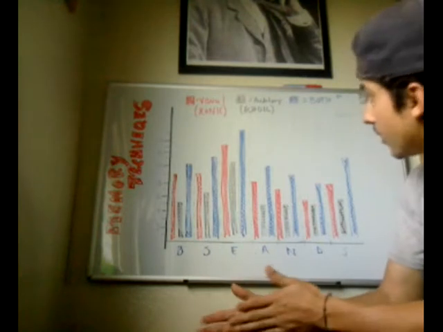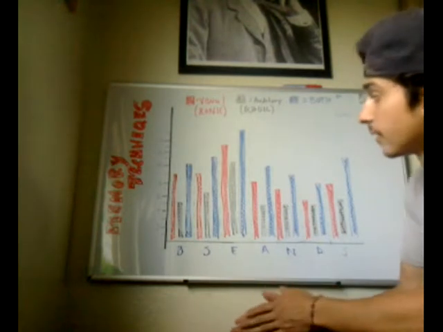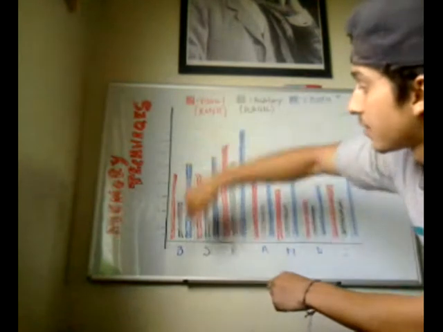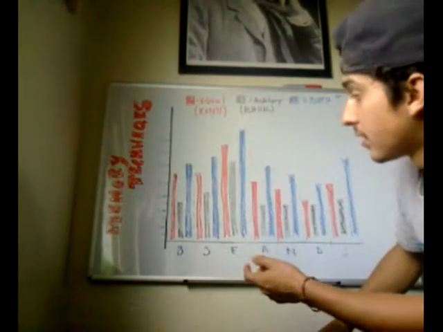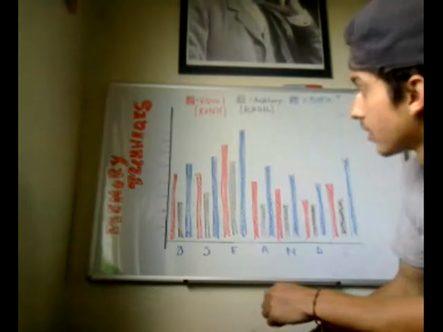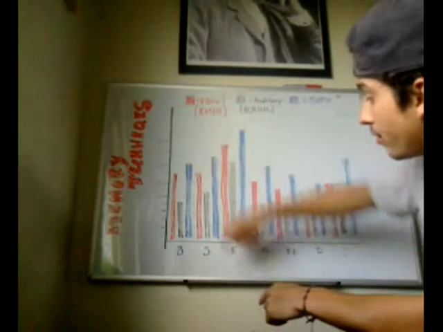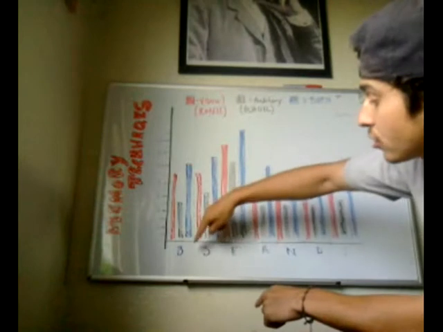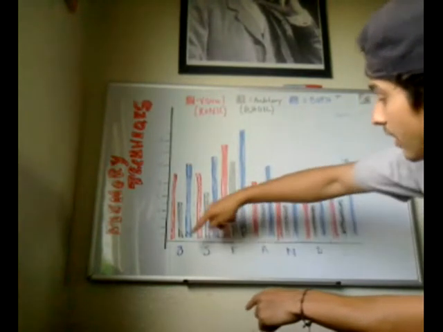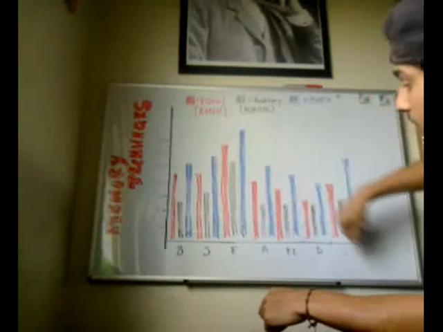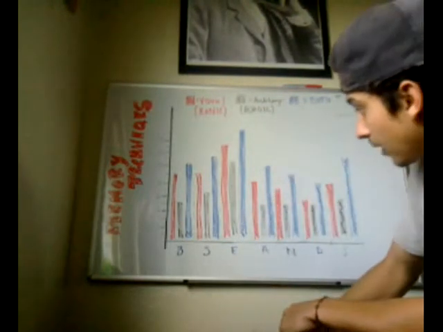And so that's what I hypothesized. To get into the graph, right here on the left side, we have numbers from 1 to 15, which represents the number of numbers I had created. Over here on the bottom, I have the first letter of each person's name. So I had 1, 2, 3, 4, 5, 6, 7 people here, and this is their data.